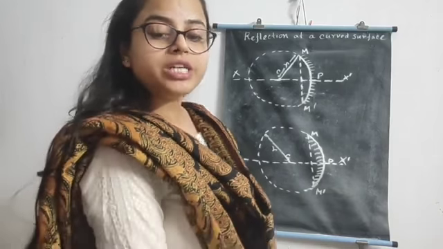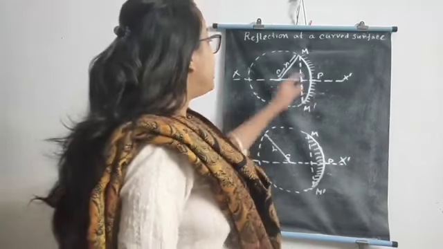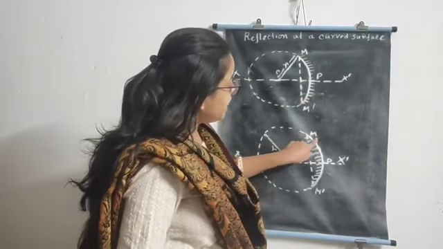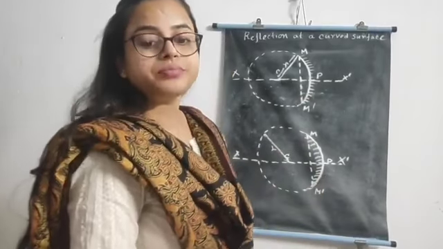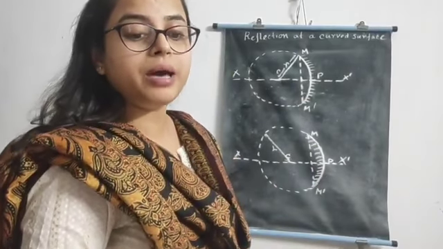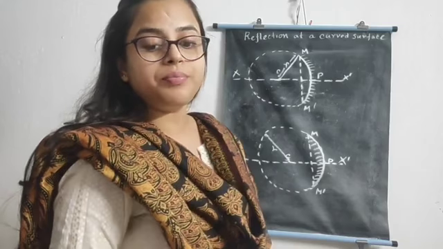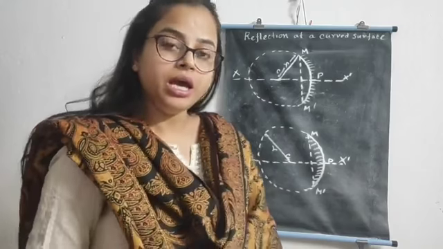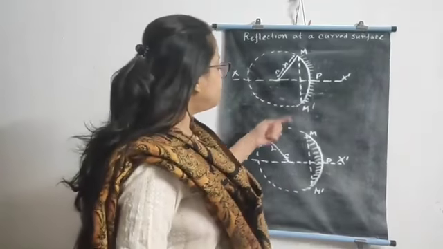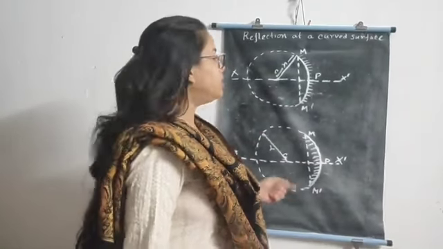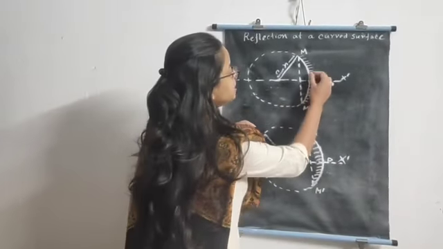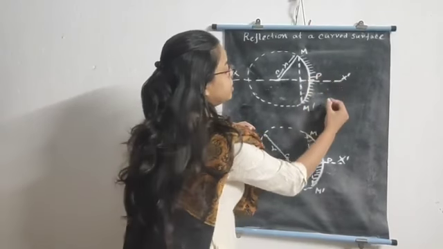What is principal section? The section MPM dashed of the spherical mirror by a plane passing through its principal axis is known as the principal section of the mirror. Here we can see the two types of mirror. What are they? This is known as concave mirror.